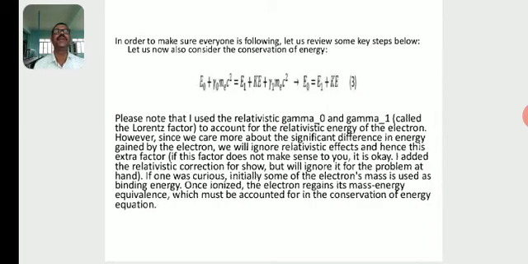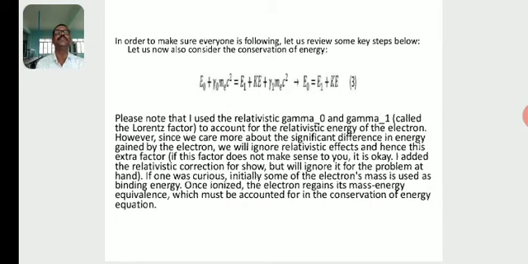However, since we care more about the significant difference in energy gained by the electron, we will ignore relativistic effects and hence this extra factor. If this factor does not make sense to you, it's okay. I added the relativistic correction for sure, but will ignore it for the problem at hand.